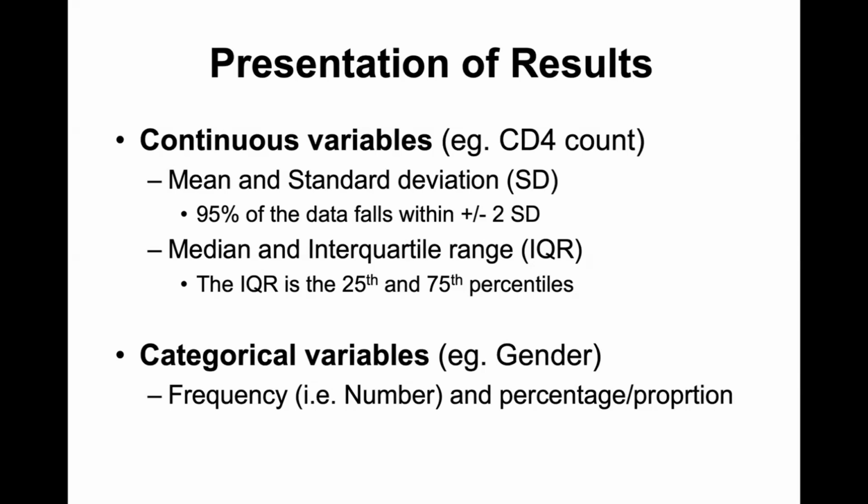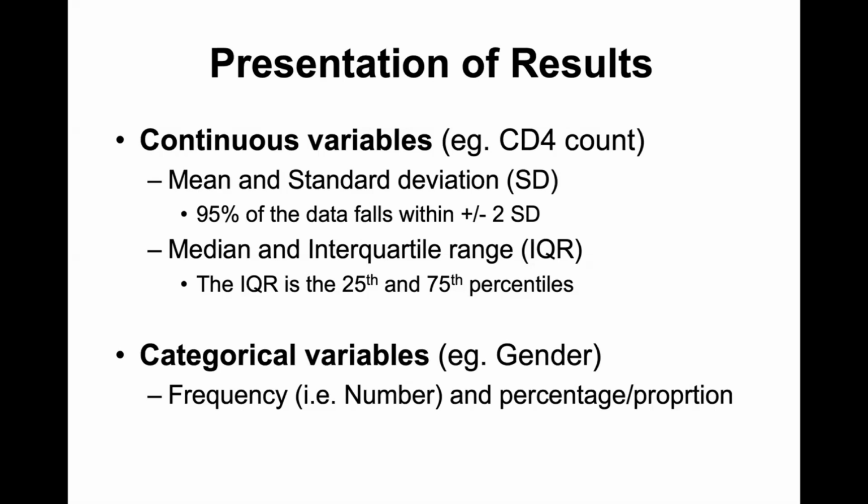Basically, you line up all the answers and the median is what we call the 50th percentile. When you report a median, you always have to report the 25th percentile and the 75th percentile, or you present the range, but 25th and 75th is probably better because with the range you're potentially disclosing personal health information.